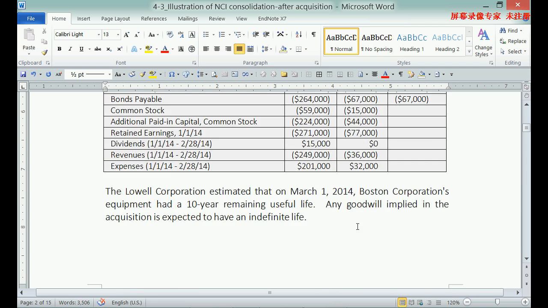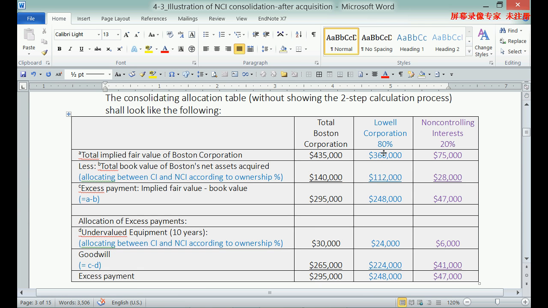So basically, Lowell paid $360,000 for Boston. You can imagine this process as Lowell sold 10,000 shares on the market for $360,000, and then used the cash to buy the stocks from Boston's shareholders.